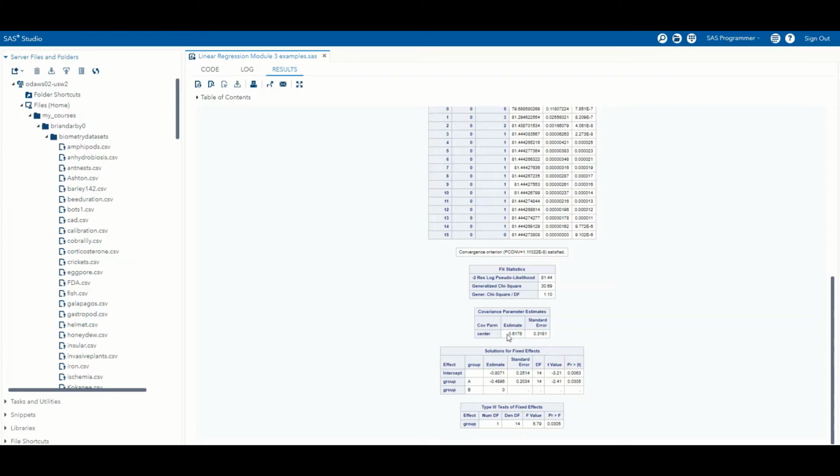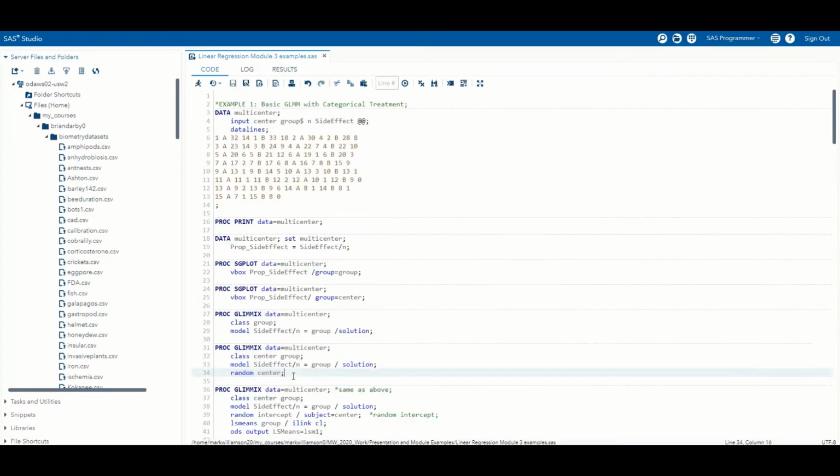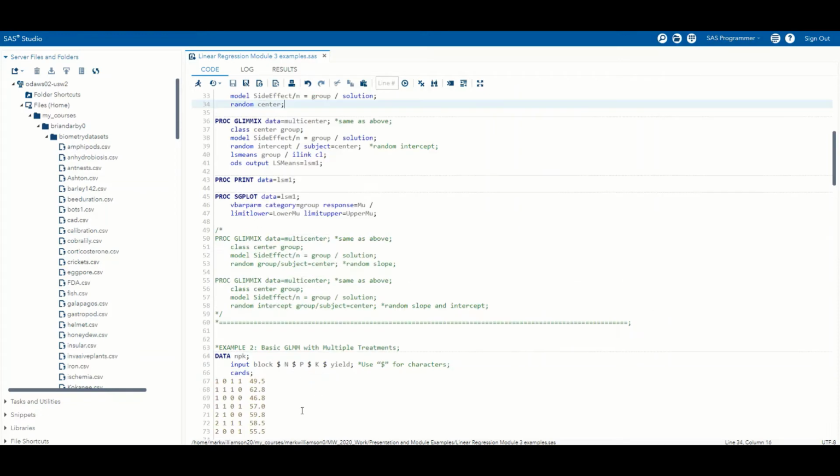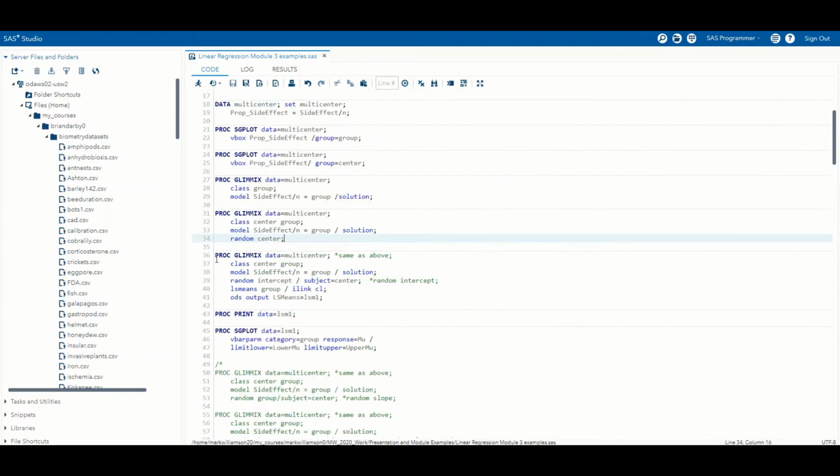Anything above that, obviously the level is going to be different, but there seems to be a moderate effect, and group remains significant even accounting for that. So in summary, it looks like it was a good idea to add centers as a random effect, and either way it was significant.